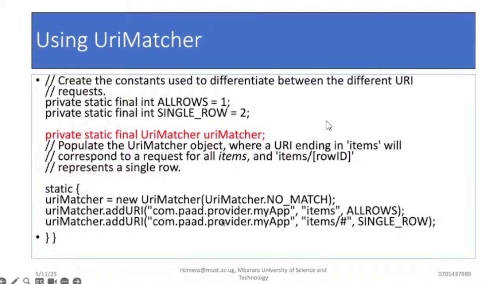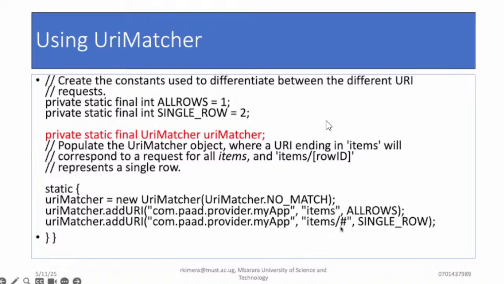So once you call the matcher, because the matcher is going to match whether you're requesting for one record or multiple records. Its work is to match, as simple as that. So you add both URIs. One for accessing all rows and one for accessing a single row.